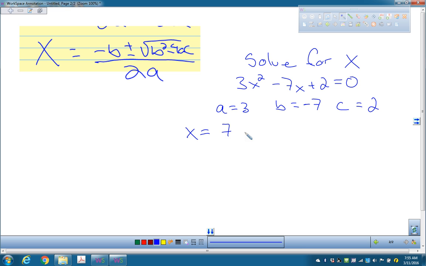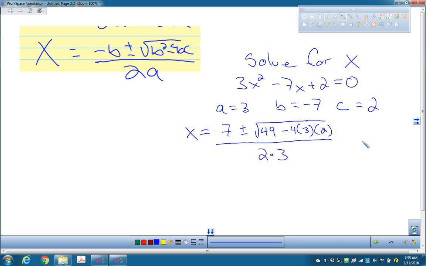Positive 7, plus or minus the square root of negative 7 squared, which is 49. Be careful with that. Minus 4 times A, which is 3, times C, which is 2, the whole thing over 2A, which is 2 times 3.